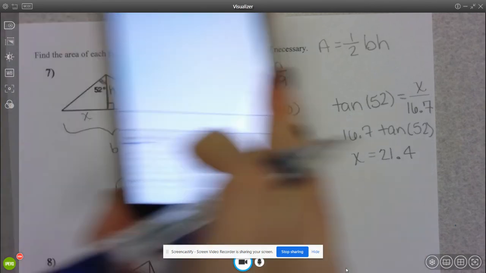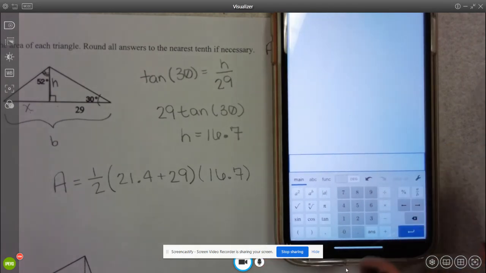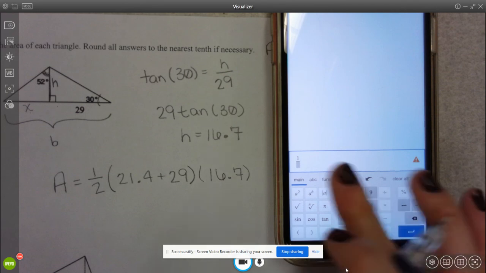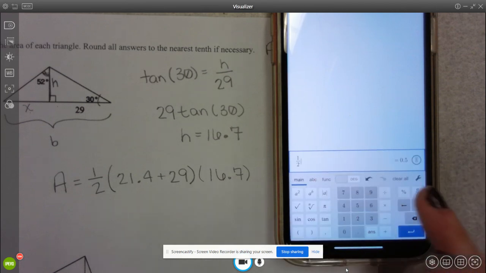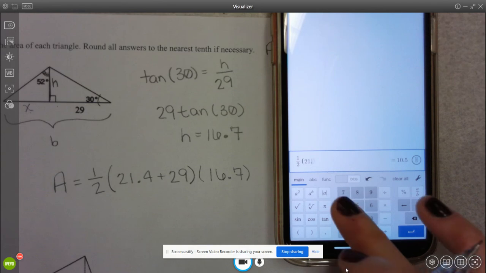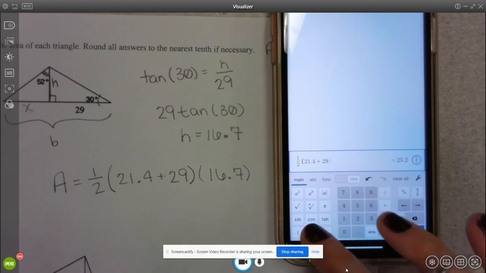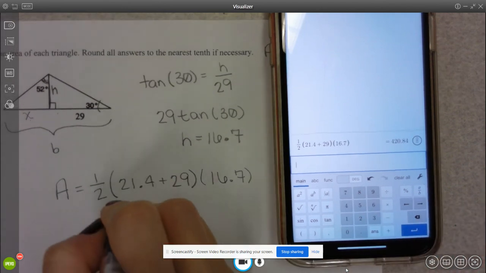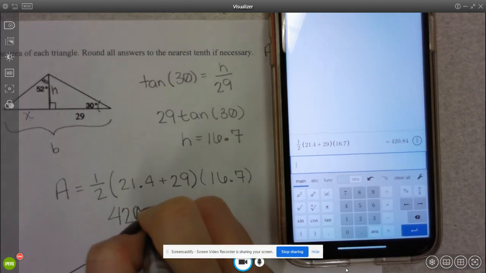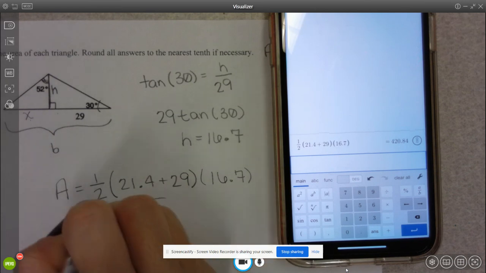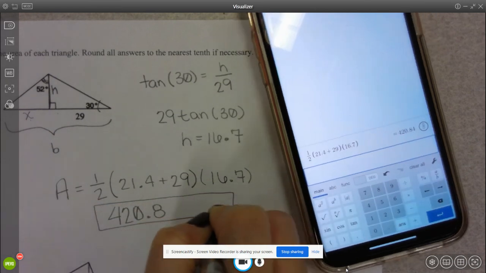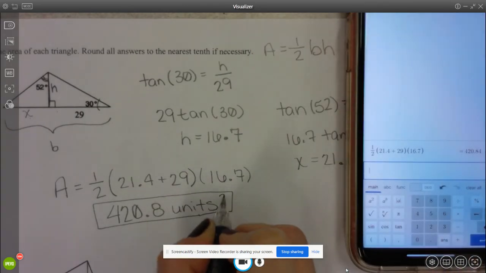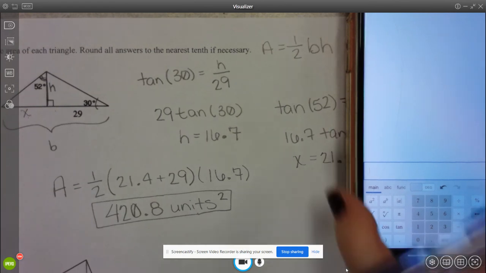And you can actually take that whole thing and put it straight into your calculator. 1/2 times 21.4 plus 29 times 16.7. Just creature of habit, I always put units squared there.